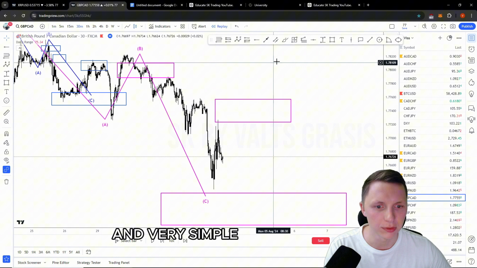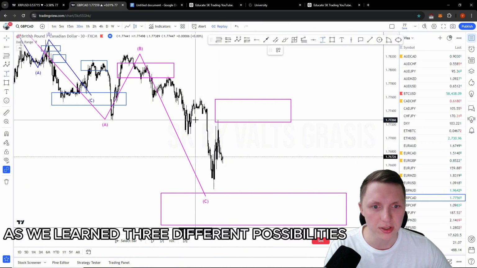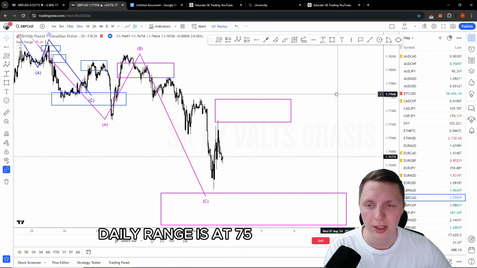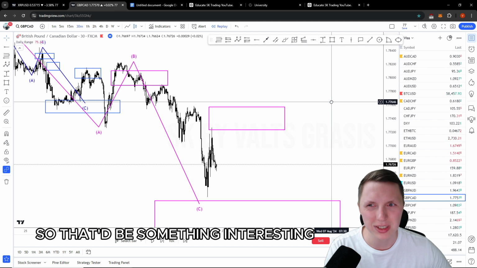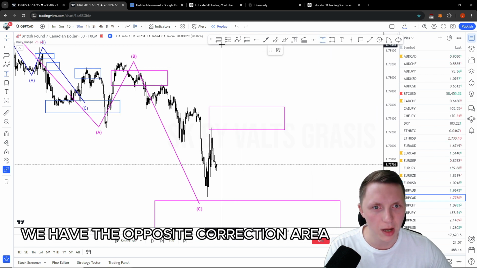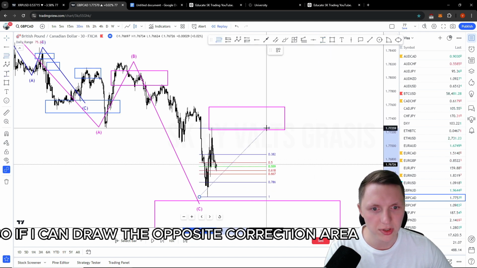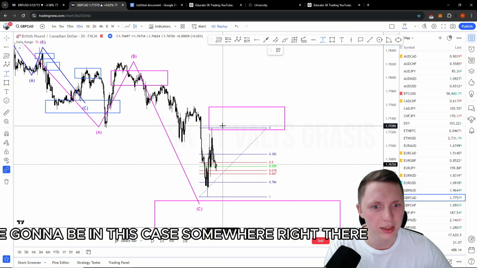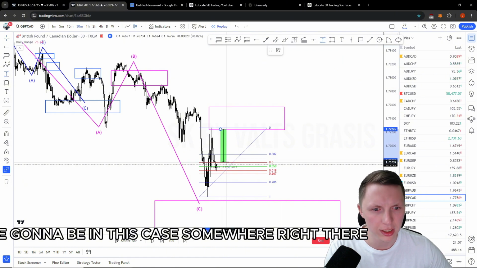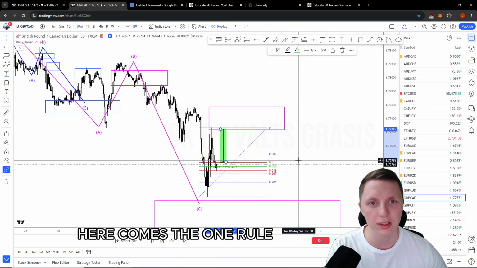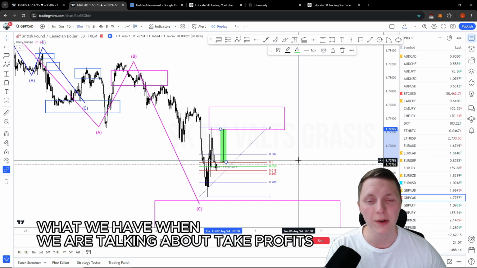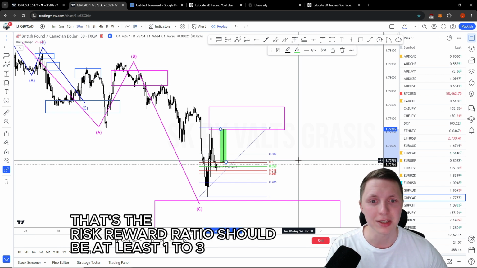Very simple. As we learned, 3 different possibilities. First of all, we have daily range. Daily range is at 75, so that'll be something interesting. We have the opposite correction area. If I draw the opposite correction area, we're in this case somewhere right there. That's like 48 pips. And here comes the one rule we have when talking about take profits: the risk reward ratio should be at least 1 to 3.